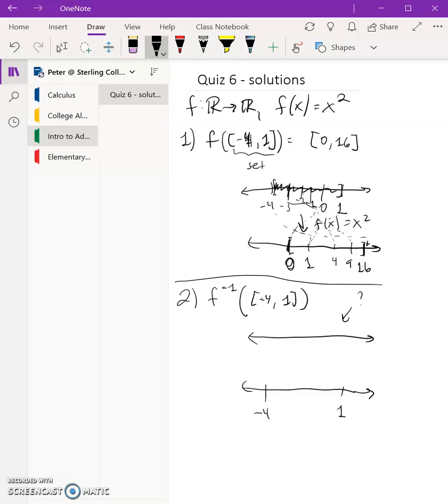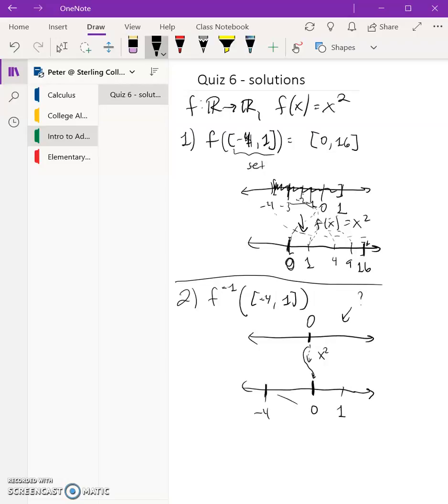So if you think about all the numbers that get mapped to -4, well, there's none, right? Because using this map of x squared, you know you can only start at 0. So you try to figure out, okay, what numbers get mapped to 0? Well, you know that 0 is going to get mapped to 0.